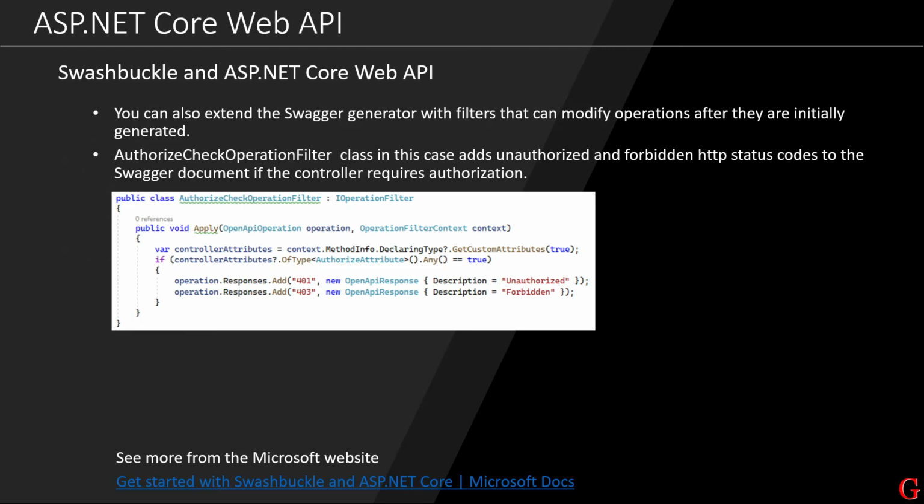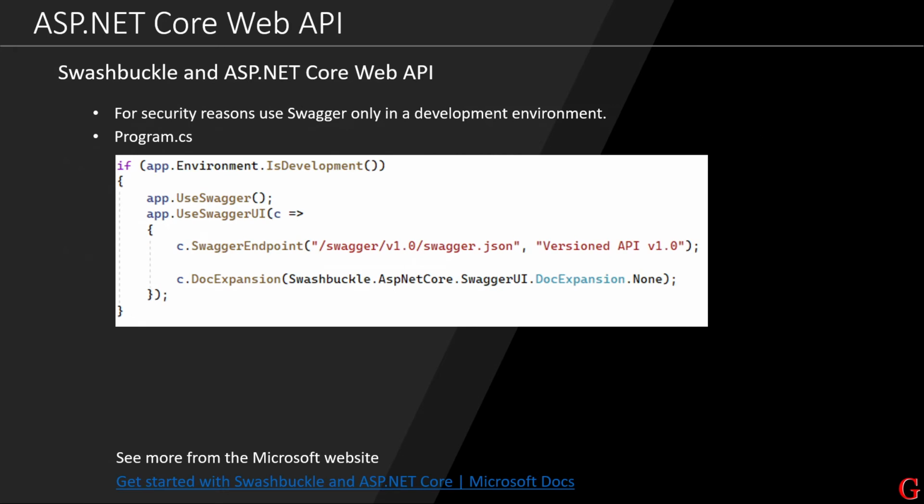Here the authorized check operation filter class adds unauthorized and forbidden HTTP status codes to the Swagger document if the controller requires authorization. For security reasons, use Swagger only in a development environment.